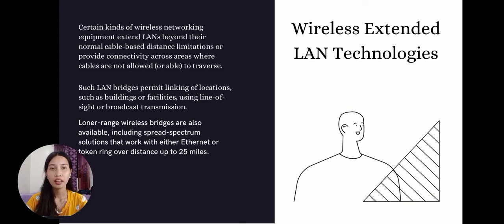Longer range wireless bridges are also available, including spread spectrum solutions that work with either Ethernet or token ring over distances up to 25 miles. As with shorter range wireless bridges, the communications cost savings realized over time may justify the cost of a long range wireless bridge.